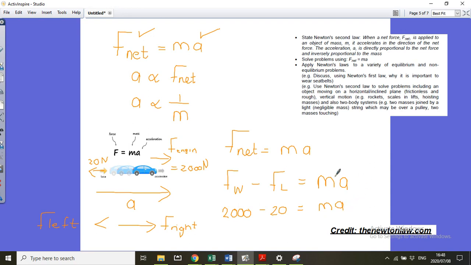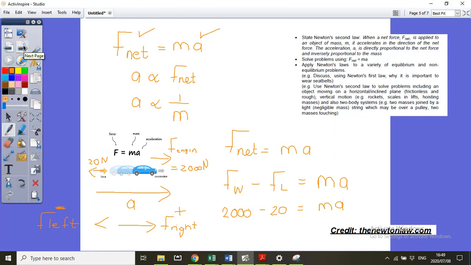And you must always just think which direction is my acceleration, because that is the direction in which I make my forces positive, and then I make all the forces in the opposite direction negative to get the acceleration in that specific direction. And I'll do all the different examples of lifts and scales and all those things with you in the next video.